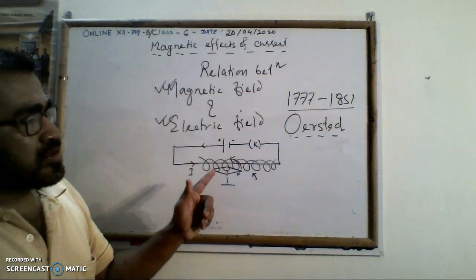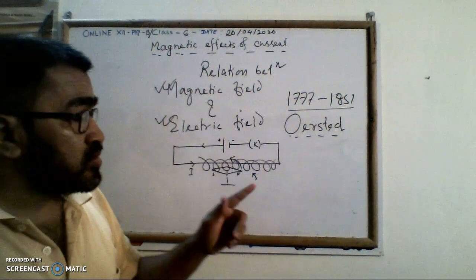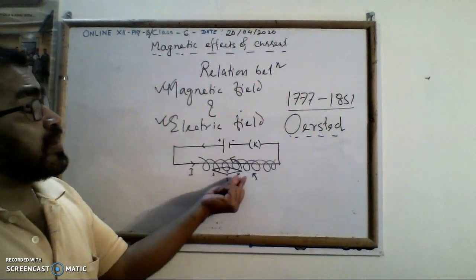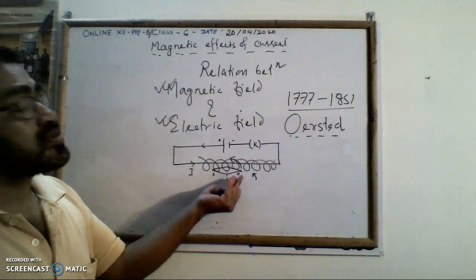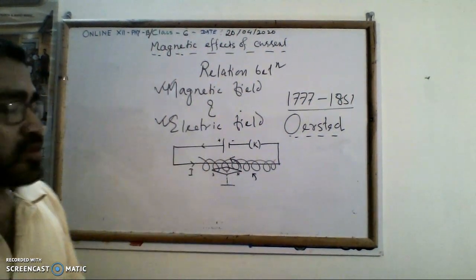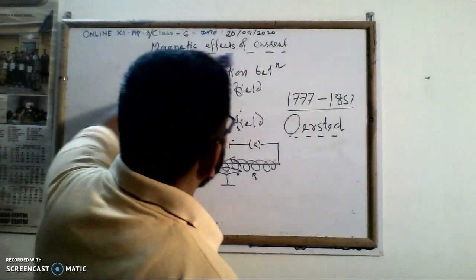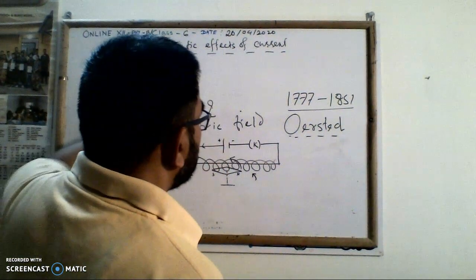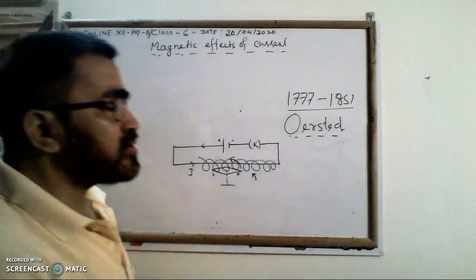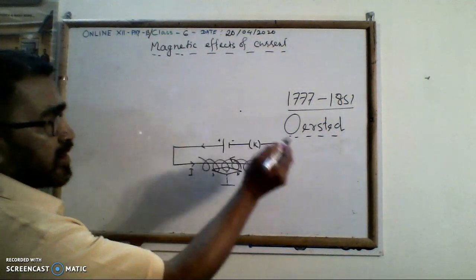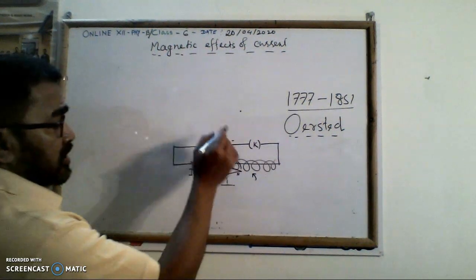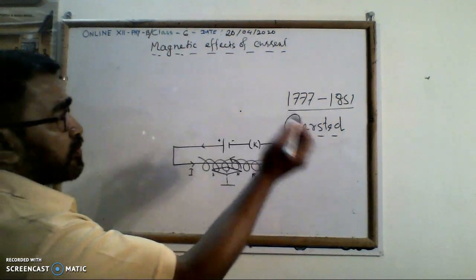But Oersted was unable to calculate the exact value of magnetic field around this conductor. Next, two people came. They were able to find the magnetic field around any conductor at any particular point.